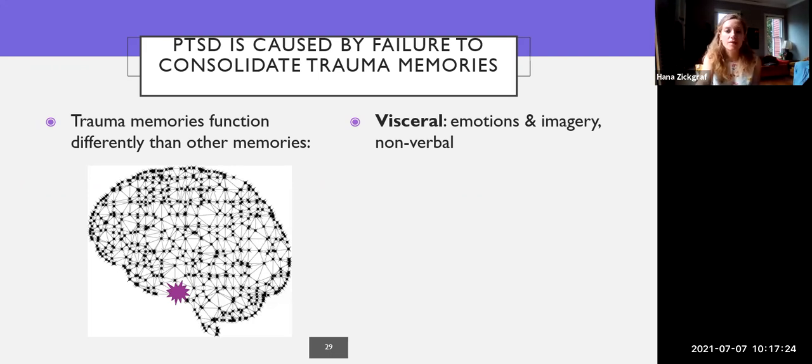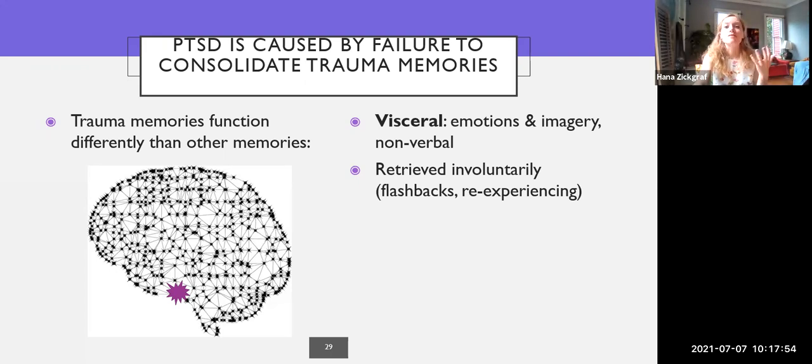When you remember a trauma, it feels like you're reliving it. You have the same emotions that you experienced during the trauma. You're experiencing a lot of imagery and other nonverbal aspects of memory, whereas most autobiographical memories are retrieved much more verbally. And as we talked about in the GAD lecture, thinking about negative things or traumatic memories in a more verbally mediated way does help to mitigate the emotional impact of retrieving those memories.